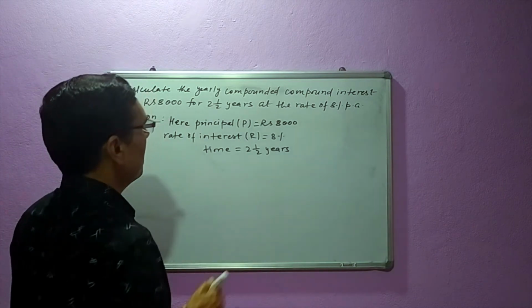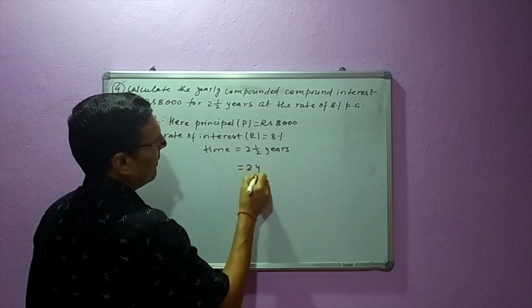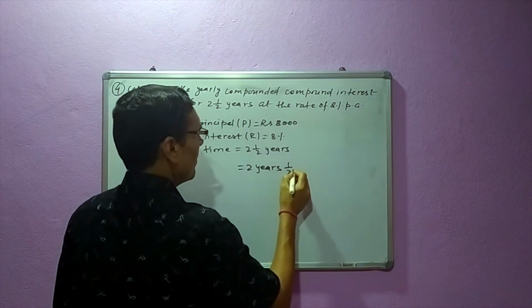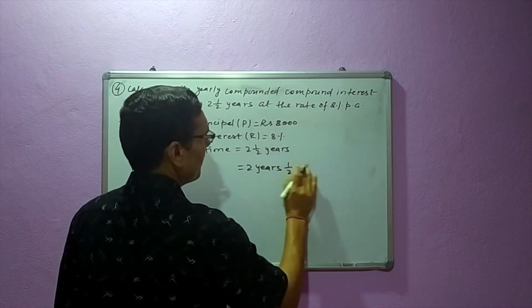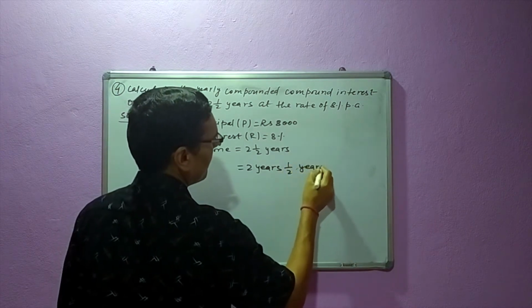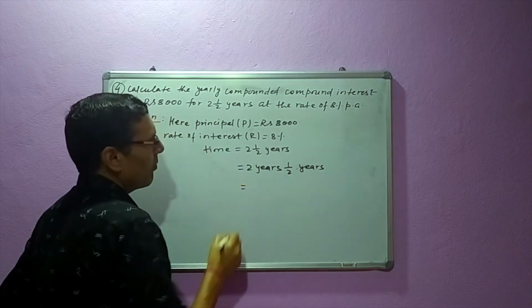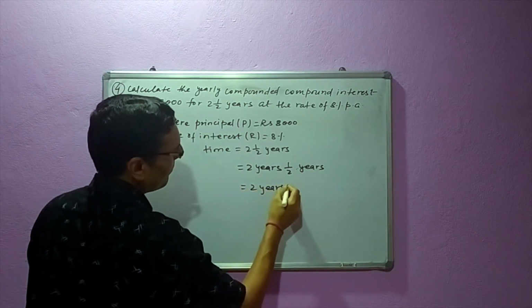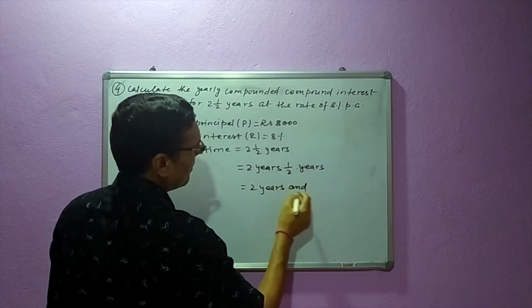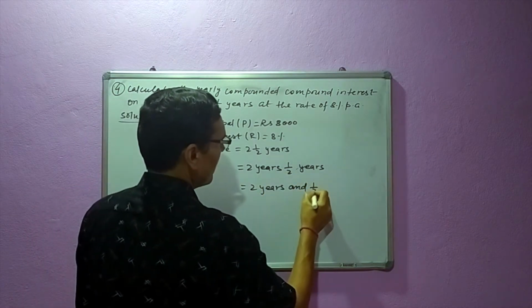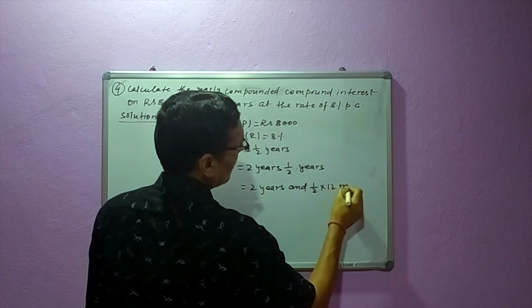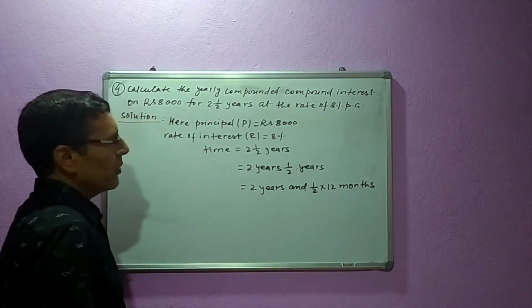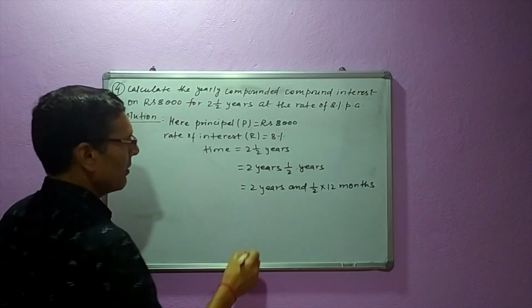One is the number of complete years, 2 years, and the other is 1/2 into 12 months.